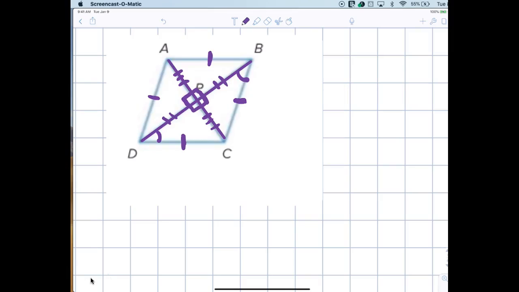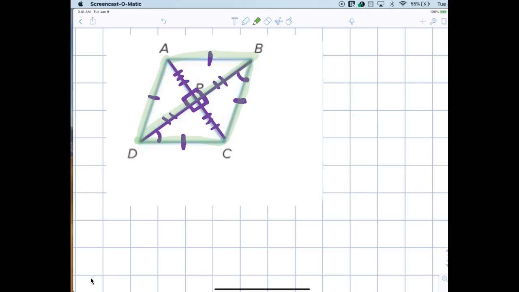Now, look up again at the top triangle. Is the top triangle and the bottom triangle the same? In other words, is this triangle congruent to this triangle? Yes. Because that's congruent, what do the diagonals do to the rhombus?